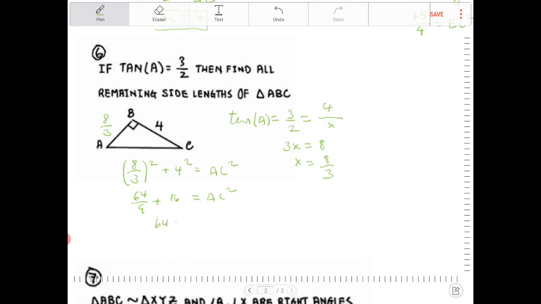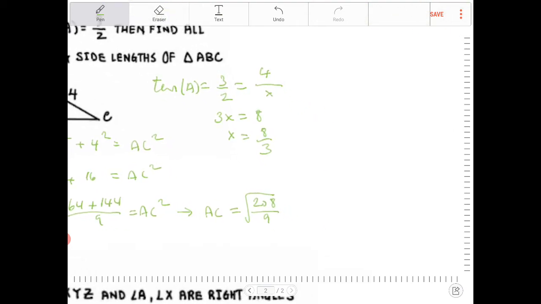So 64 plus 144 over 9 is equal to AC squared. Therefore, AC is equal to the square root of 208 over 9. And this is going to be 3, and then the square root of 208, what is that? That will be 2 square root of 52.